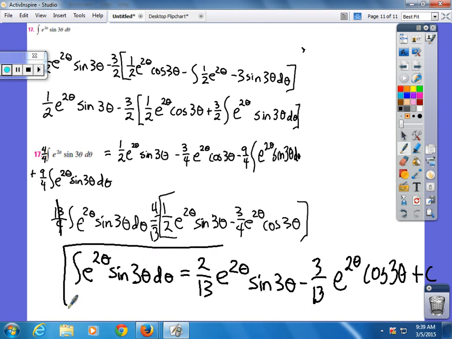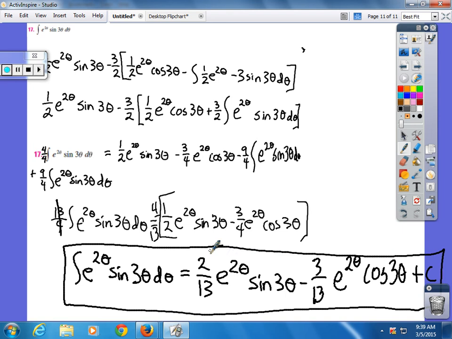And let me look at it one more time and see if there's anything you could factor out. You could factor out 2/13 e to the 2 theta if you wanted to. Let's see if they did it. Let me see what they got. They got 1/13. They factored out 1/13 e to the 2 theta.